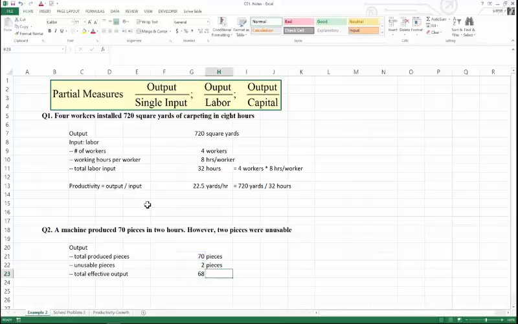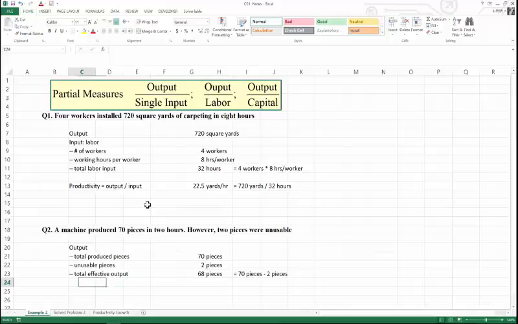That is the number of output we should use. So logically, it is equal to 70 pieces minus 2 pieces.